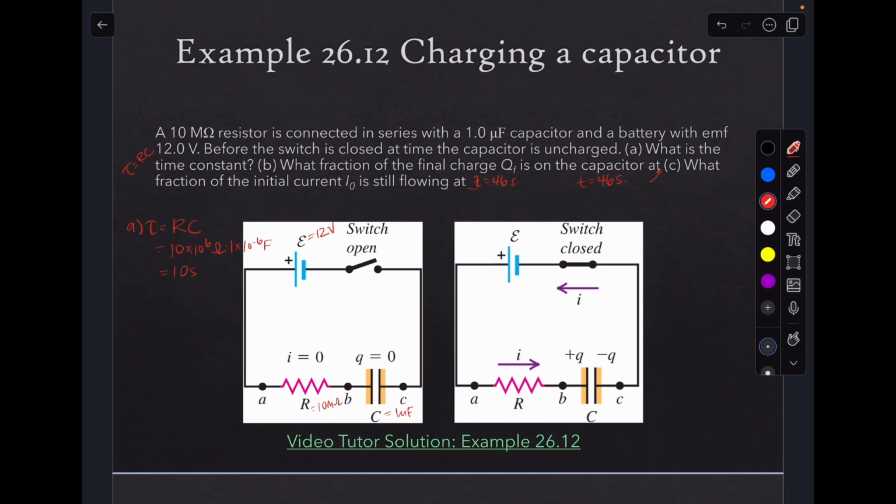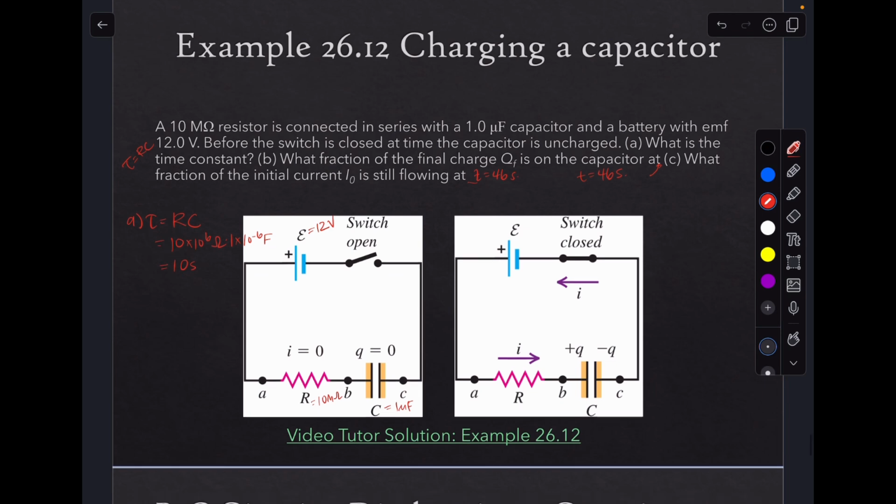So at a time of 10 seconds, the charge has been reduced by a factor of 1 over e. That's the definition of a time constant. I know the question didn't ask that, I'm just telling you that. So Q over Q initial at t equals RC is equal to 1 over e. That's the definition of what a time constant is.